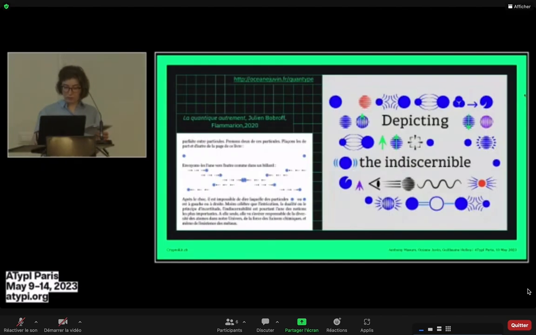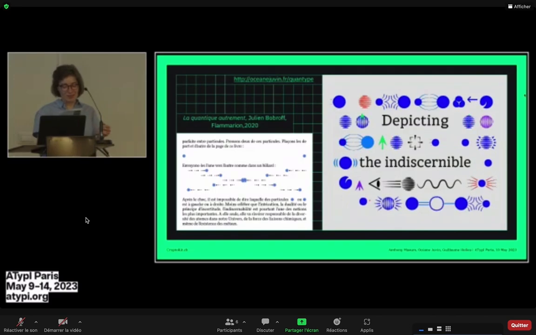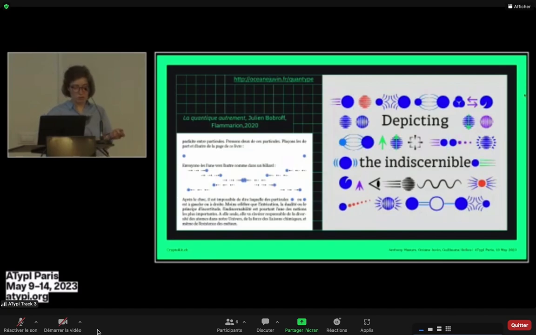As part of this practice, I developed a research project on quantum mechanics in collaboration with the physicist Julien Bobroff from CNRS, between 2019 and 2021 at ANRT in Nancy, the National Workshop of Typographic Research. The aim of this project was to create a graphical language that can accompany a discourse of popularization of quantum physics.